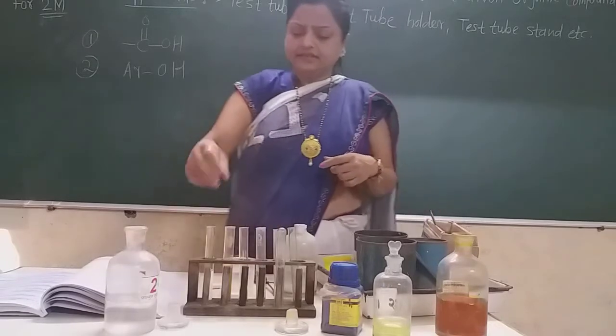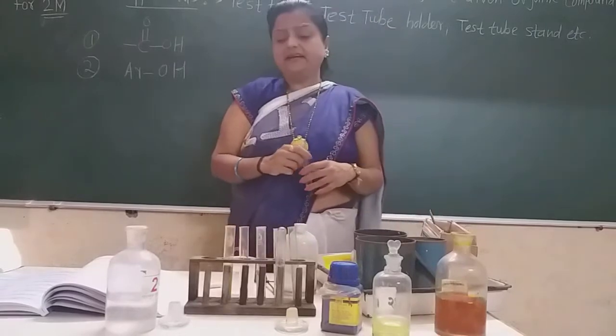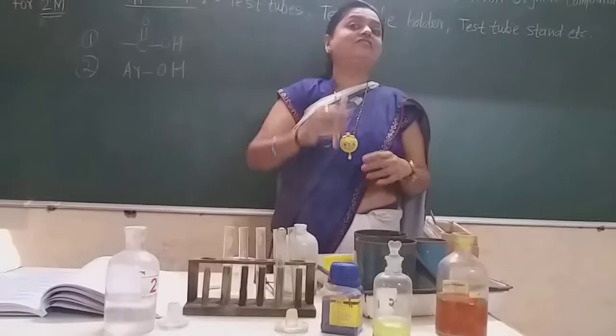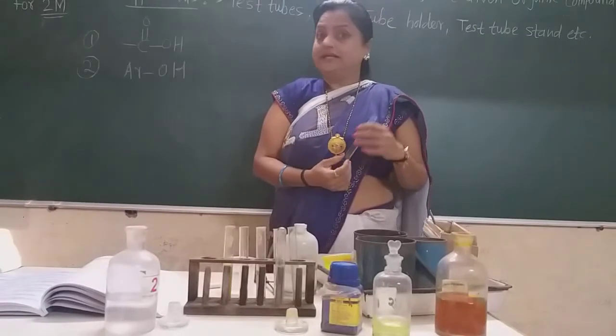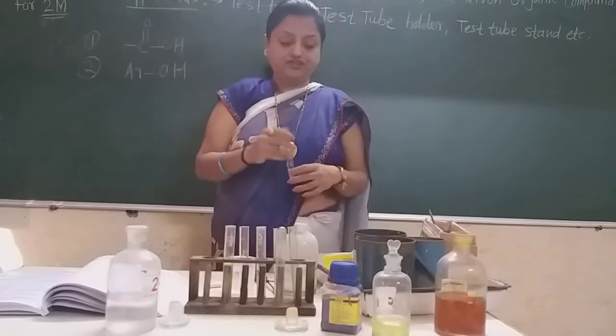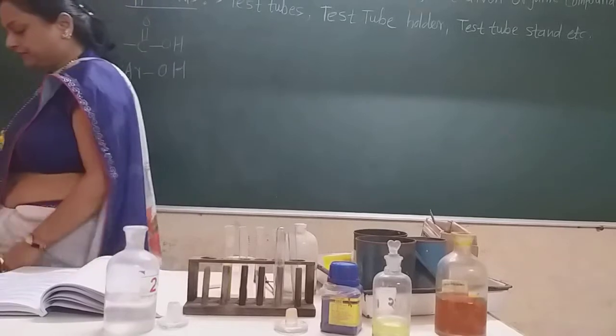Now let us take another compound given to us to detect the functional group. This compound is in liquid form. Liquid organic compounds may also be given to you in the examination. Now take a very little amount of this compound.